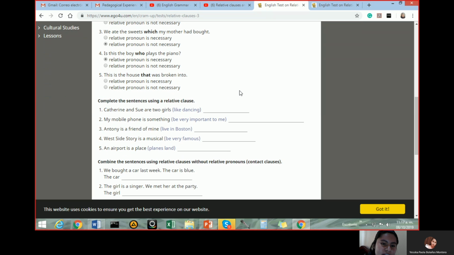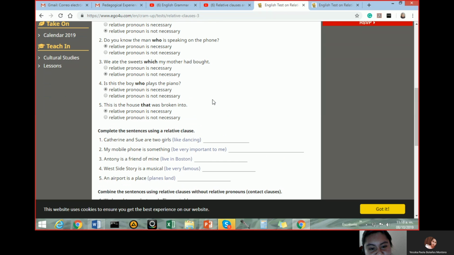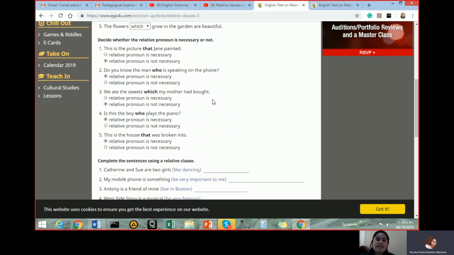The house is the subject, and if we don't have an object, remember that when the object takes the role of the subject, the use of "that" is necessary.